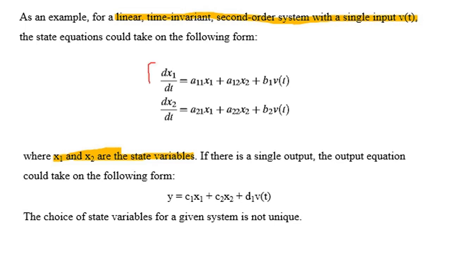In the first equation, the x1 derivative is equal to a linear combination of states and input. In the second equation, the first derivative of x2 is equal to a linear combination of states and input, whereas the output equation is a linear combination of states and input.